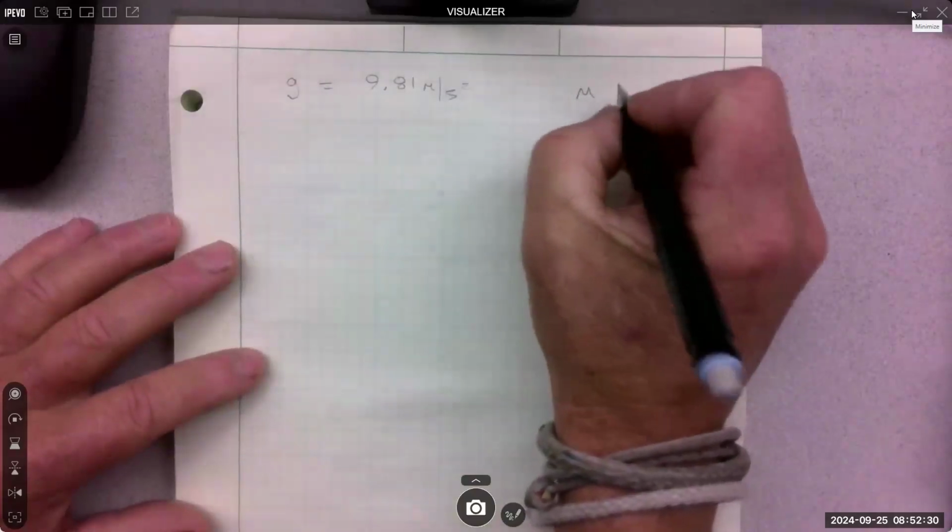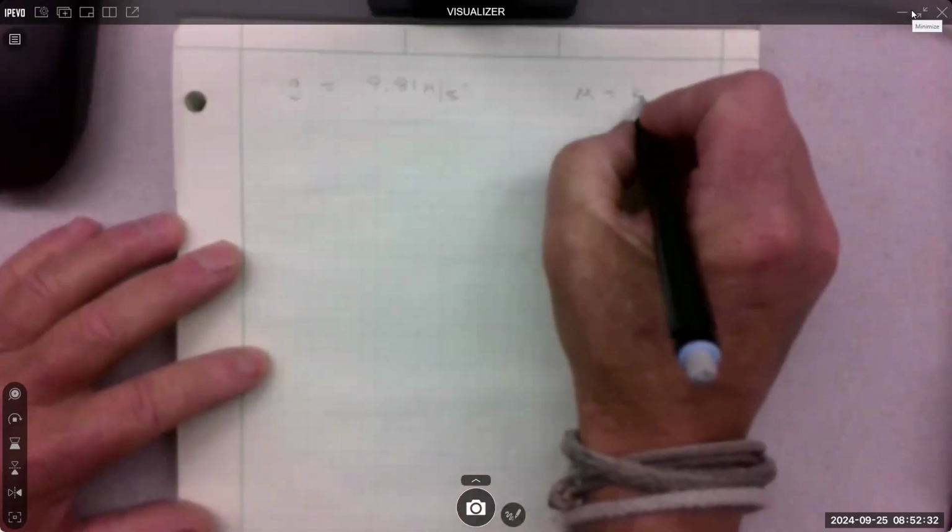What's mass in the metric system? Kilograms or grams. So when you have weight, you can divide by the gravitational constant and get mass. The next two things we're going to talk about is kind of a weight mass thing.